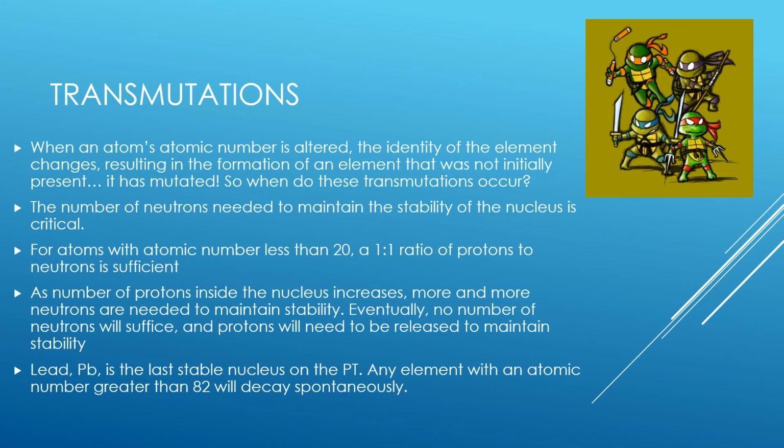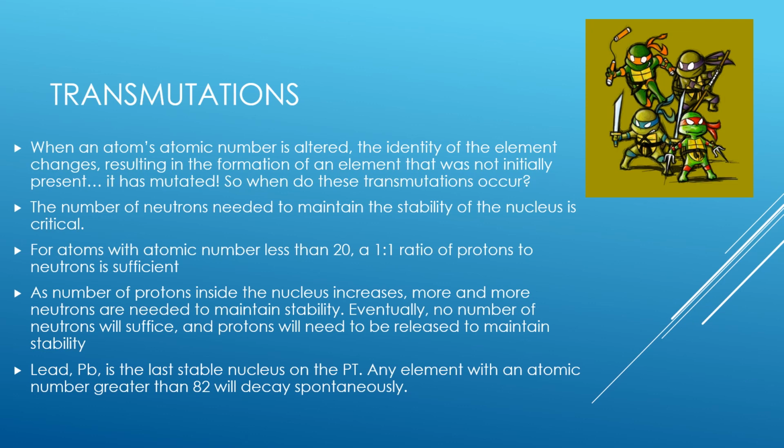As the number of protons inside the nucleus increases, so as the number of positive charges inside the nucleus increases, more and more neutrons are needed to maintain stability. Eventually, no number of neutrons will suffice, and protons will need to be released to maintain stability. So eventually, you can't have that large of a number of positive charges.